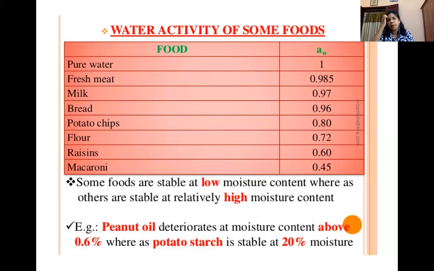In the case of fresh meat, to keep this product for a longer period, what can we do? We have to dry the product or freeze the product. Once we freeze the product, what do we do?